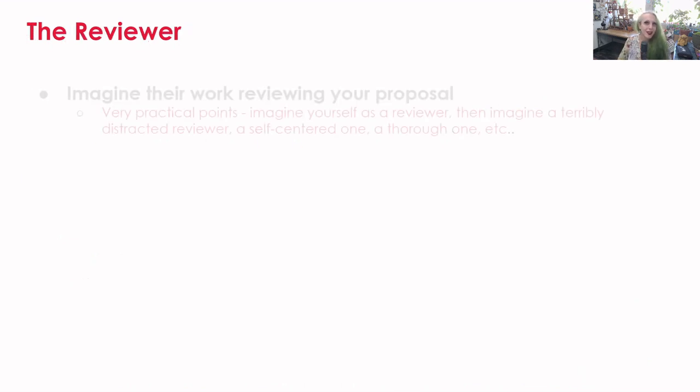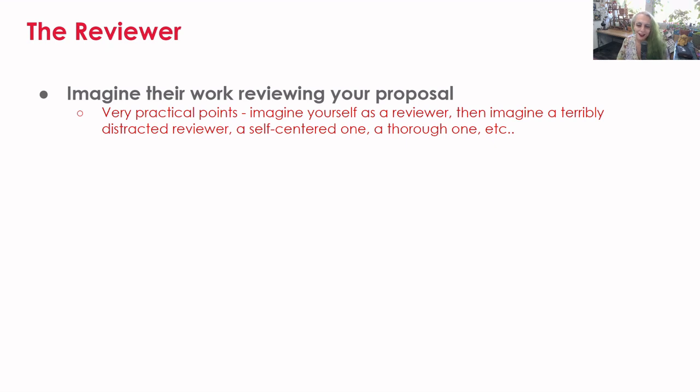And then finally, and we're getting at the end of this presentation, the idea is to think about the reviewer themselves. This is really important because the reviewer is a person just like us, and they have this work of reviewing your proposal. So imagine yourself as a reviewer first.